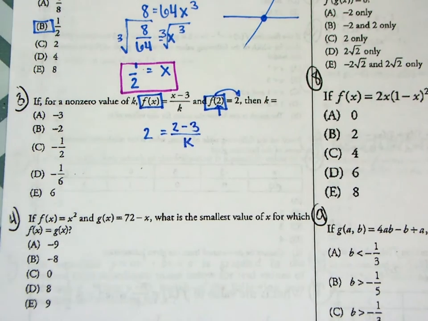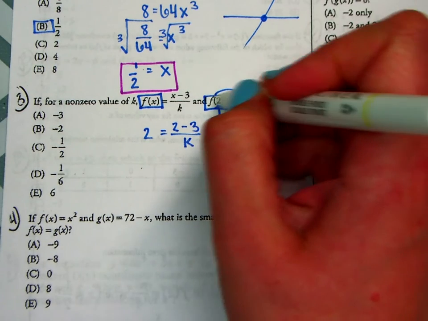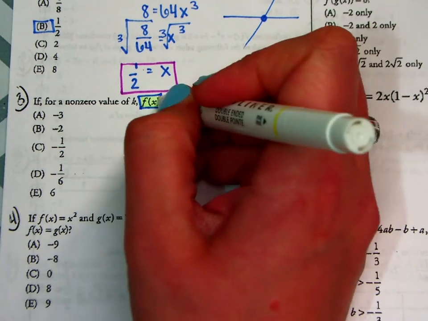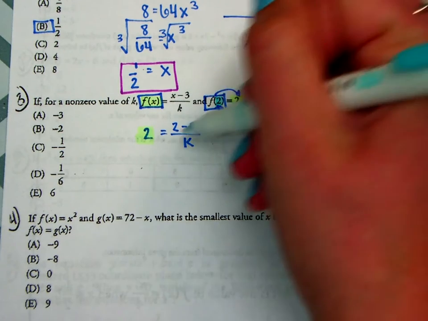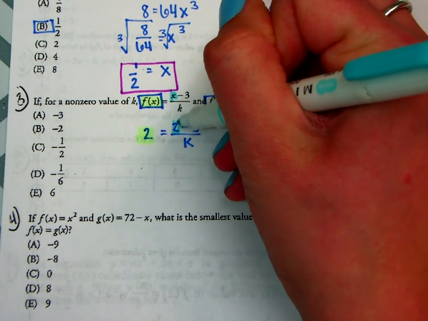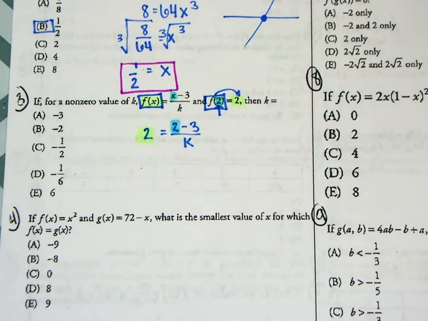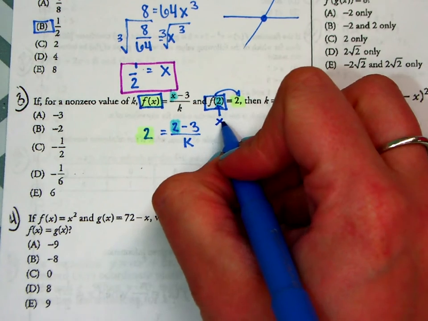So in this problem, the first 2, f of x equals 2, comes from here. The second 2 that's shown is the x value. So even though we have 2 2's in this problem, the x value 2 comes from inside of the function.